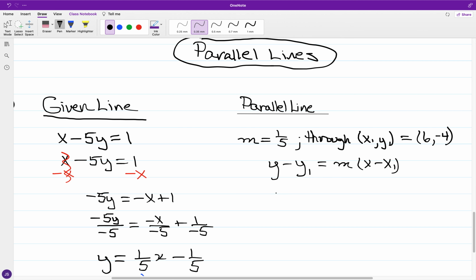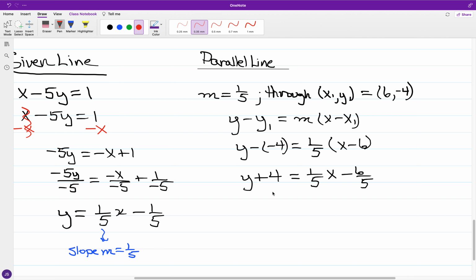And getting y by itself, upon taking 4 away from both sides, we have y is equal to 1/5 of x. And for -6/5 minus 4, think of it like -6/5 minus 4 over 1.